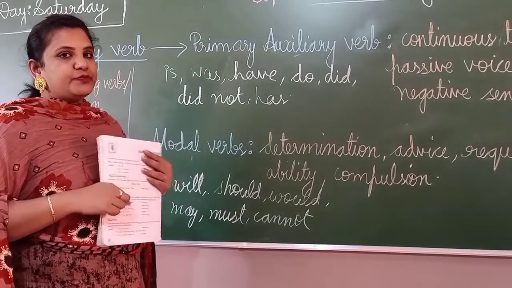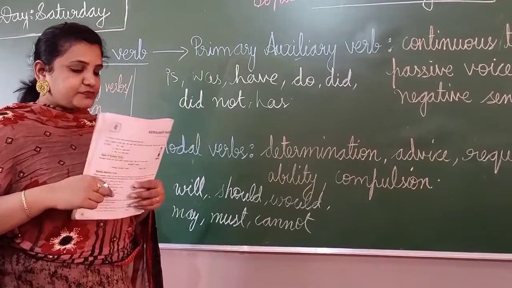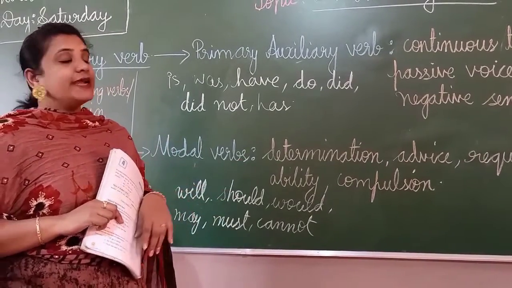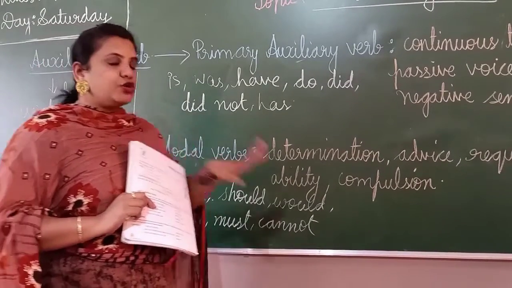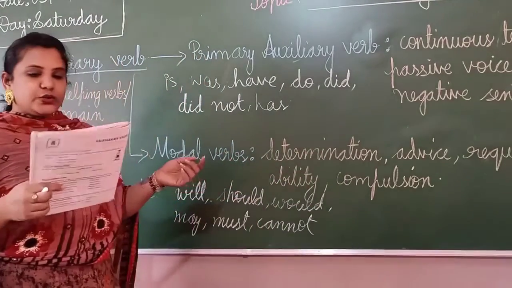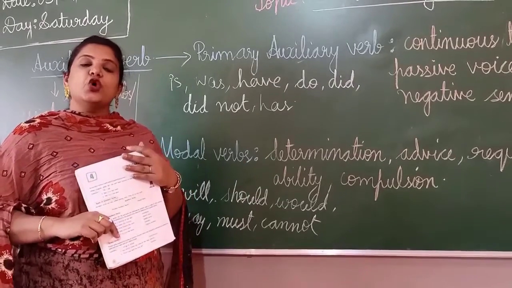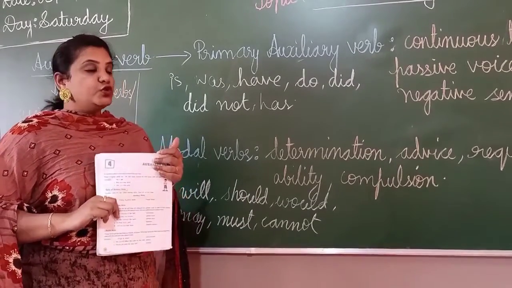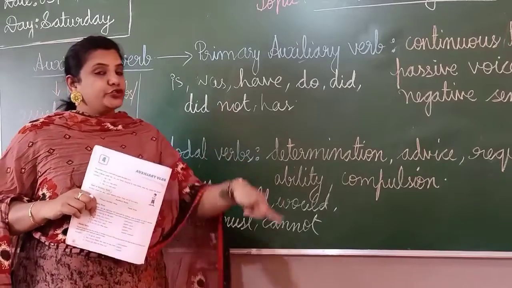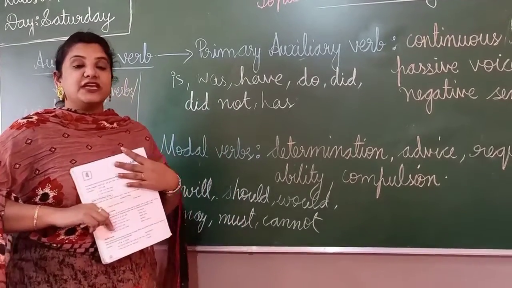And ability. Ability is something which you can do, which you cannot do. I can do this, I can do that, or I cannot do this, I cannot do that. These are your ability questions. Then compulsion. Compulsion is nothing but something similar to an order. So you must do this, you ought to do this. When you are telling someone something, you are pressurizing someone.